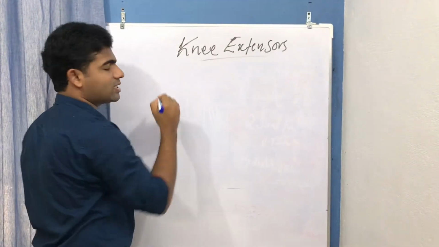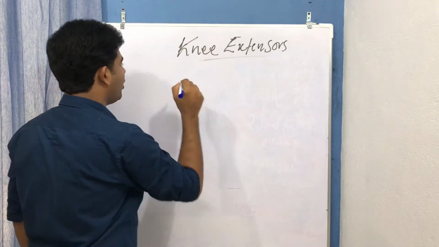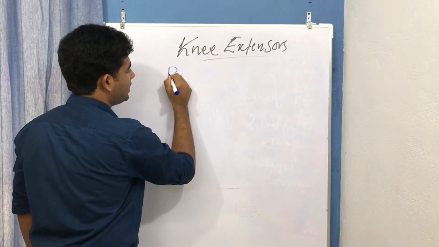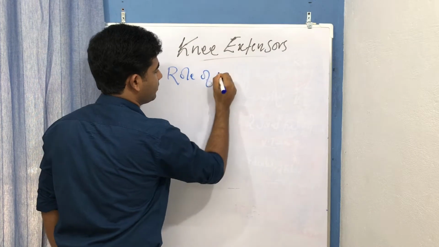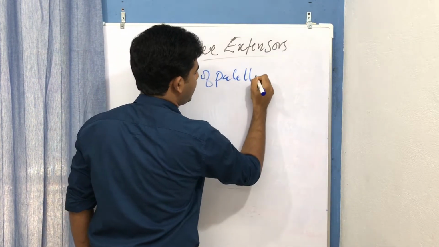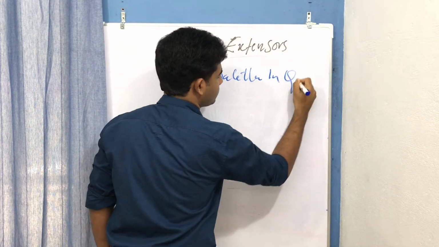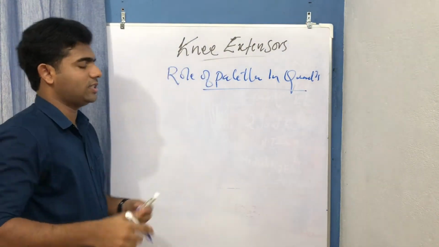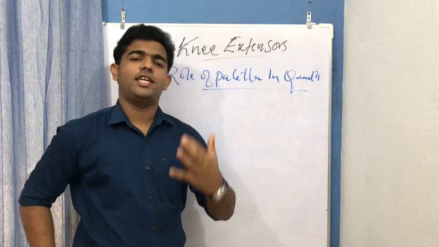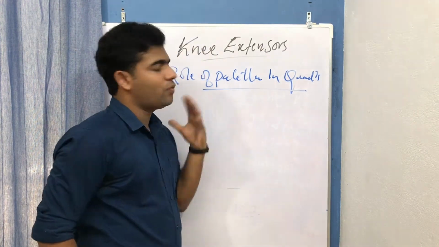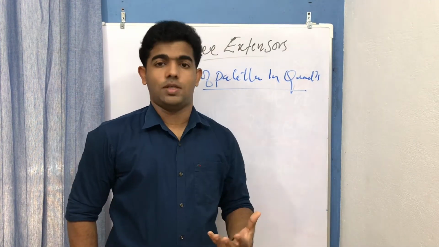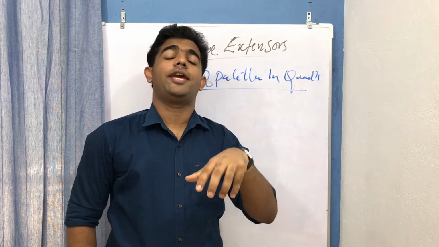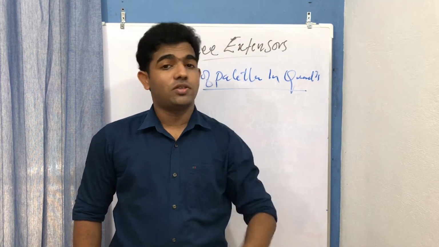Even though we have not discussed the patellofemoral joint, we are going to discover the role of patella in quadriceps muscle function. See, the patella has a very crucial role in the functioning of the quadriceps muscle and vice versa too. The quadriceps has a great role in stabilization of the patella.